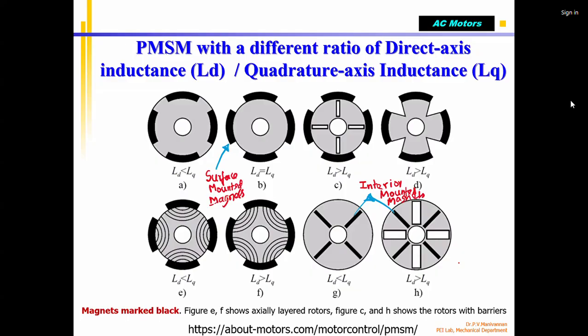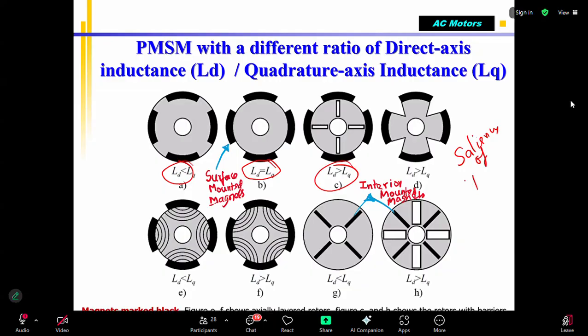Okay, one more thing we saw, that depending upon the LD and LQ, whether LD equals LQ, or LD is smaller than LQ, or LD is greater than LQ, based on that we get the saliency of the rotor. That is another important parameter. That is the ratio between LD and LQ.